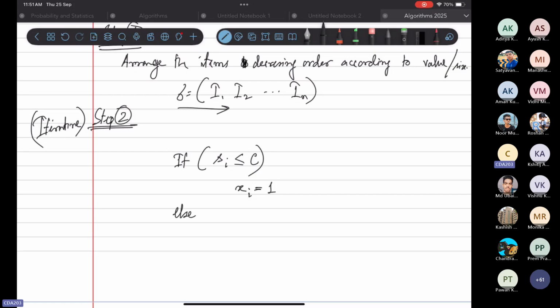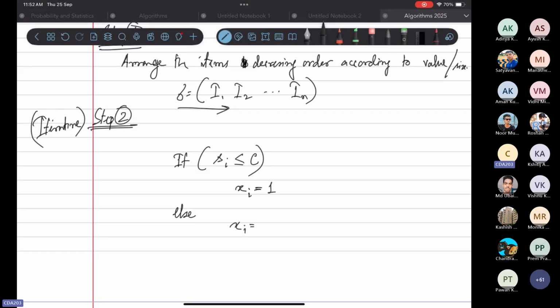Else, if I'm not allowed to take the whole thing, then what should I do? What should I set the value of xi to? I am allowed to take C units of it, but I have size more than that.